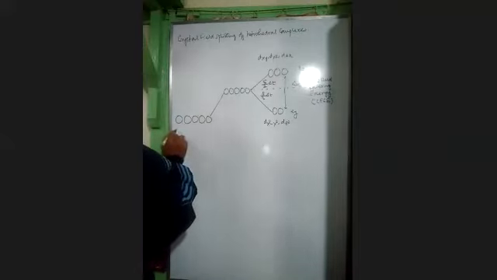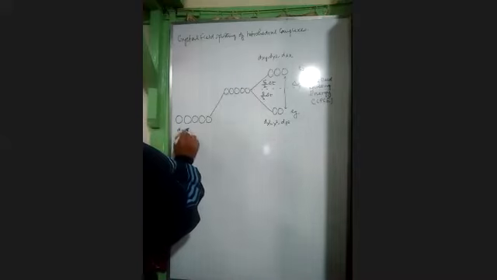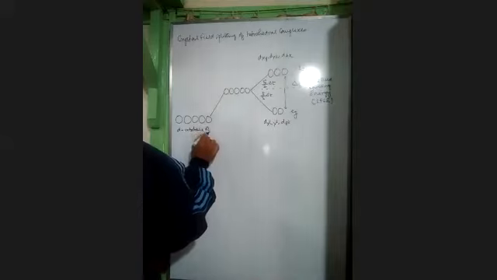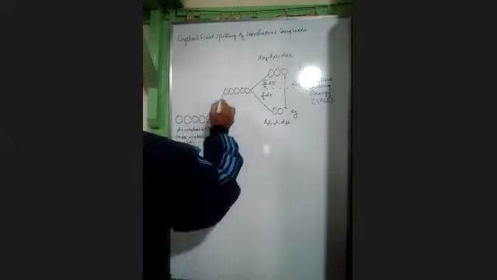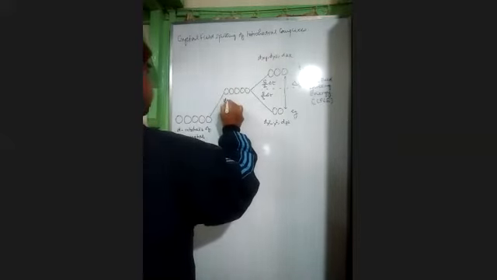What should we write here? D orbitals of free metal. So what do we write here?